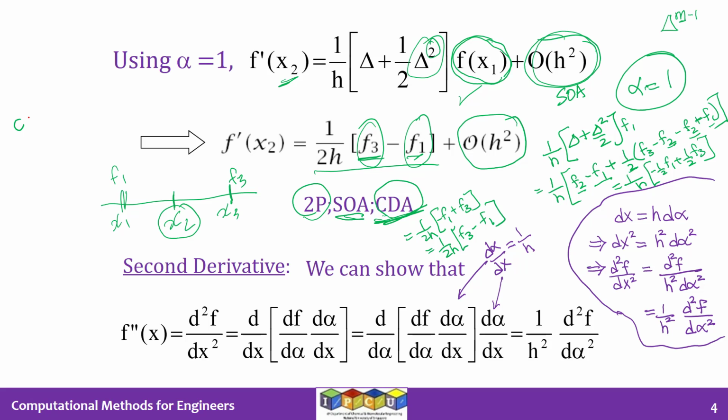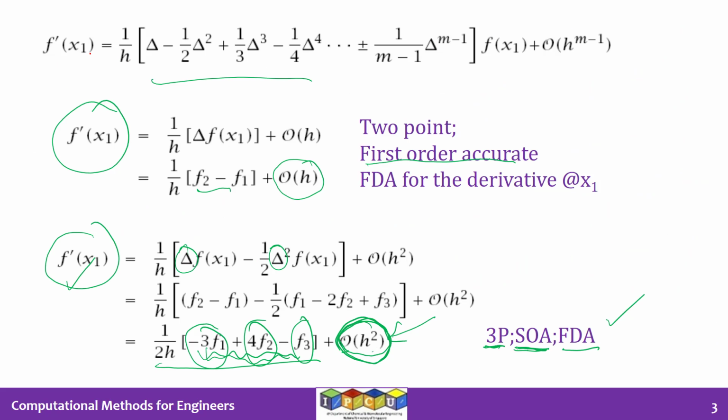So CDA is what is called central difference approximation. The previous expressions were forward difference approximations, because if you look at the answers, this one involves the use of f2 and f1. So you're trying to find out something at x1. You're making use of the information at x1 and you're making use of the information at x2, which is f2, in order to compute this.